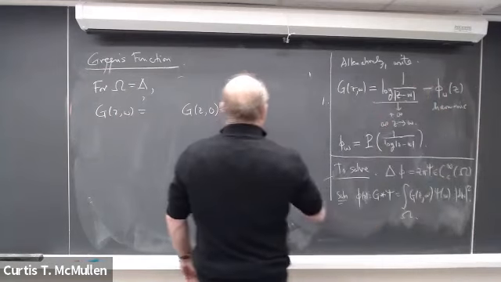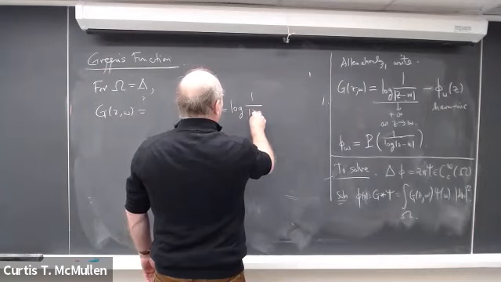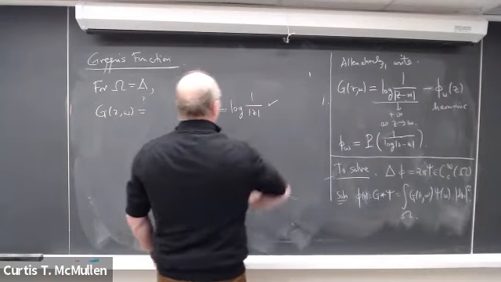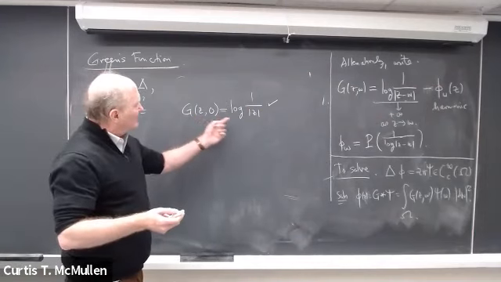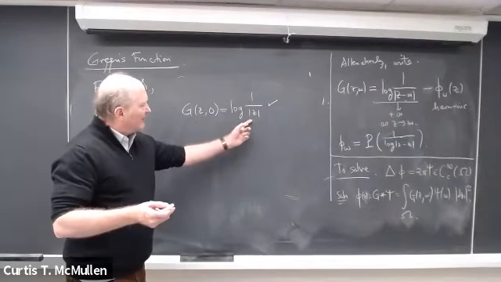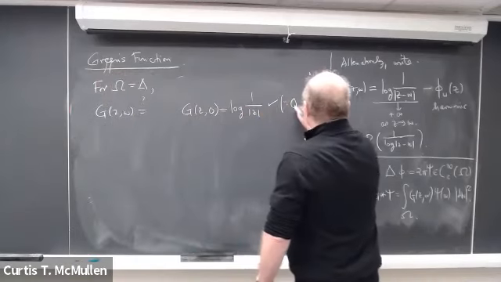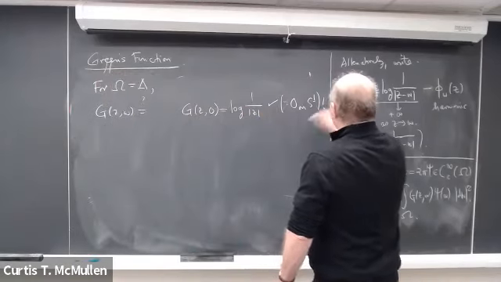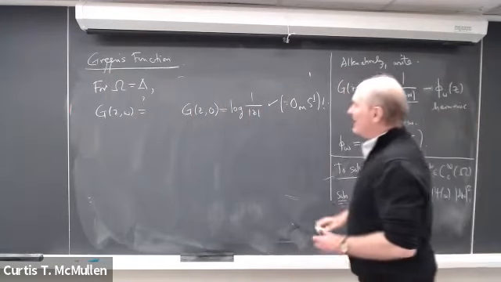Well, in fact, it's just that function, log 1 over the absolute value of z, period. Why does this work? It's because when you're on the boundary of the disk, the absolute value of z is 1, and so this already vanishes. That's the key point. It has the right behavior where the singularity should be, and it already vanishes at the boundary.